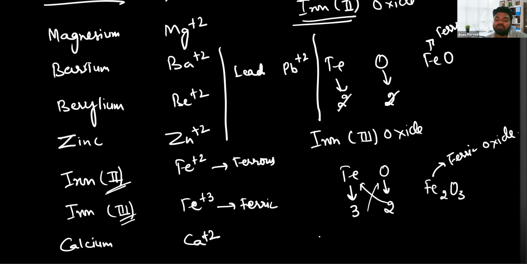Mercury also has 2 valency. Mercury is Hg, and it is Hg 2 positive. Understood? Mercury is Hg 2 positive.